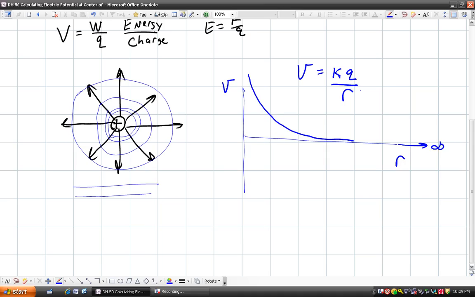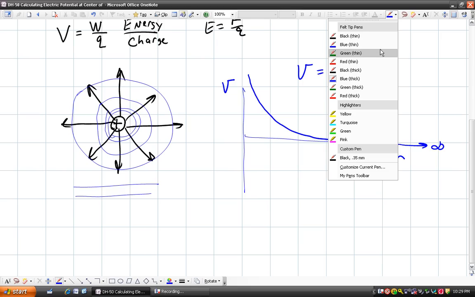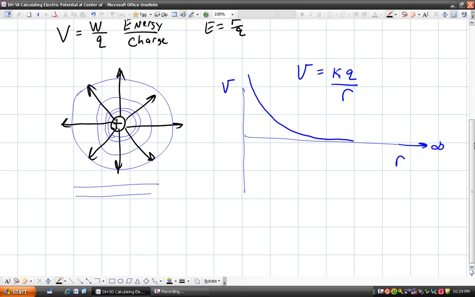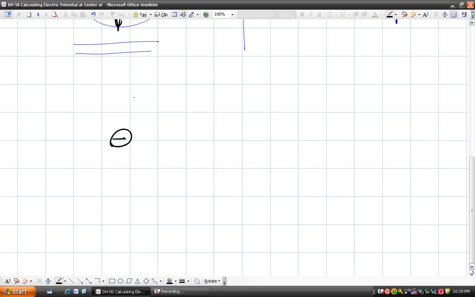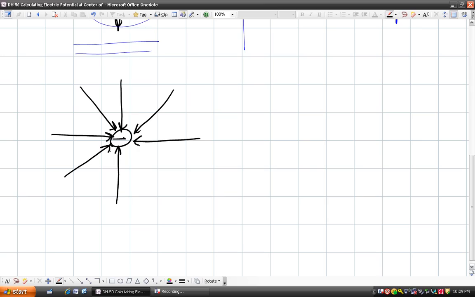If I was to repeat this for a negative charge, it would look really similar, but it wouldn't be exactly the same. What's going to be different, as you can imagine, is now the electric field lines are going to go in. You can still see that the electric field is strongest near the charge, where they're closest.